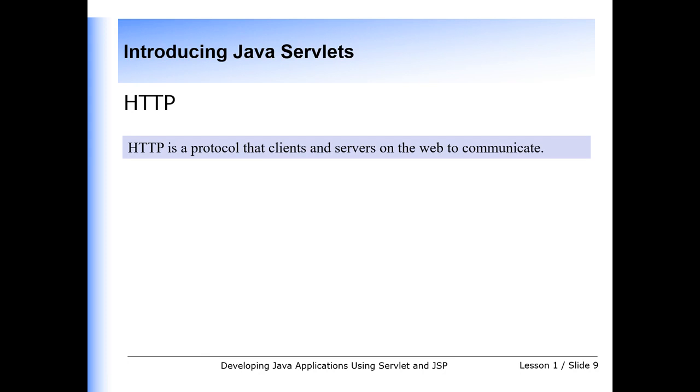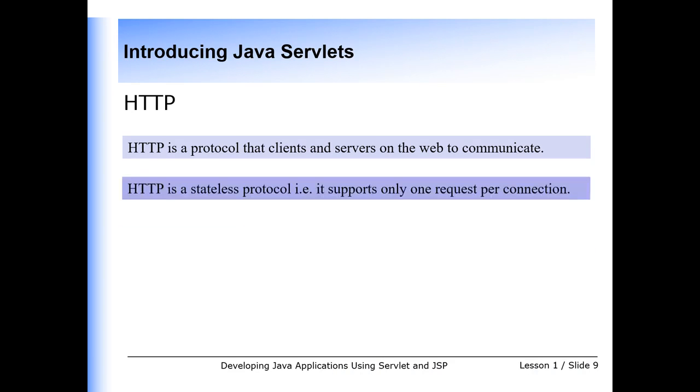It is similar to other internet protocols such as SMTP, Simple Mail Transfer Protocol, and FTP, File Transfer Protocol. HTTP is a stateless protocol. It means it does not maintain or record the state of the user, or you can say it supports only one request per connection.